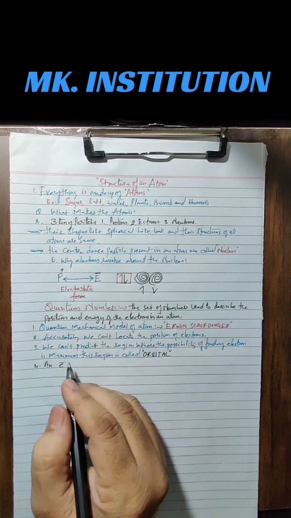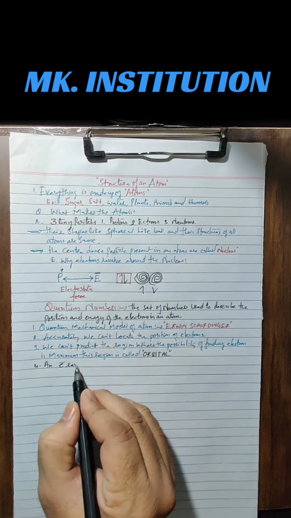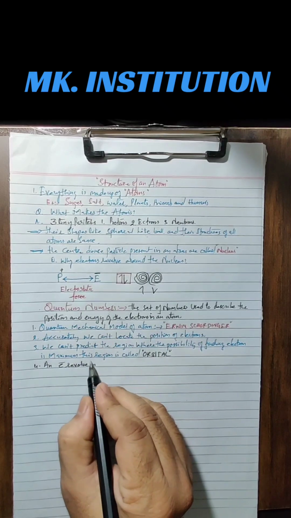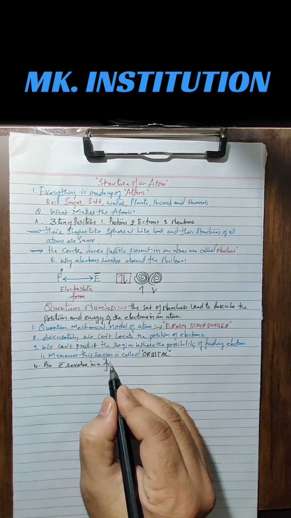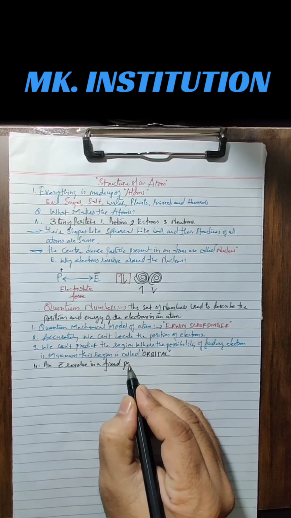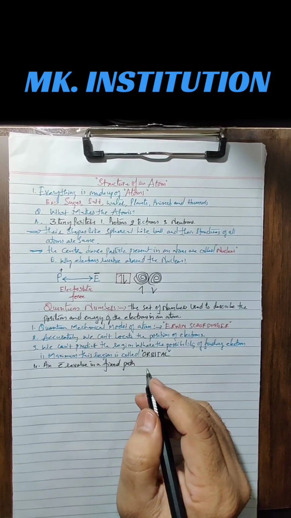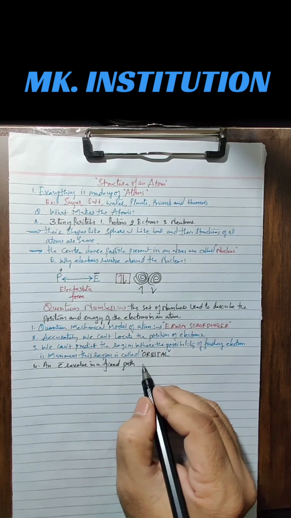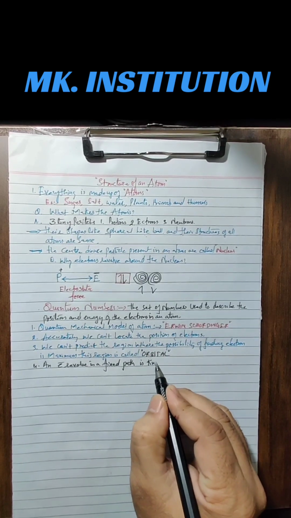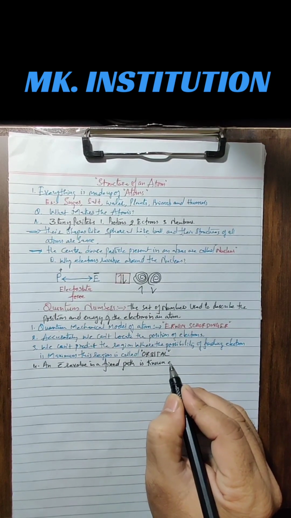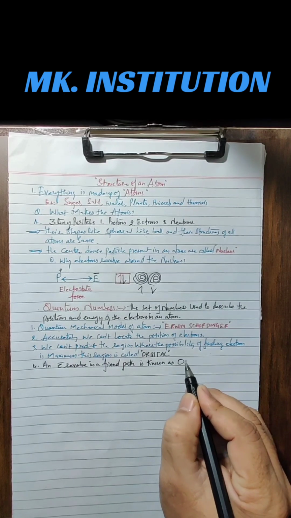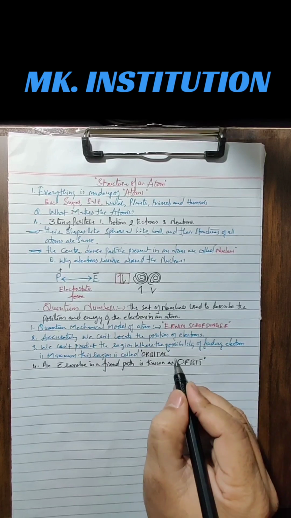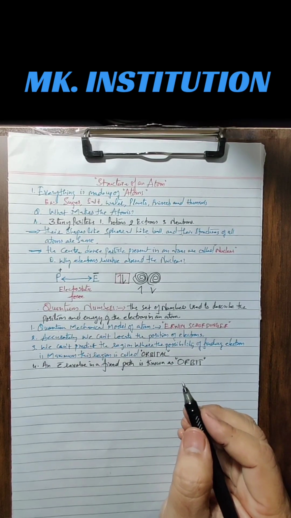So an electron revolves in a fixed path, a track you can say, and that fixed path is known as the orbit.